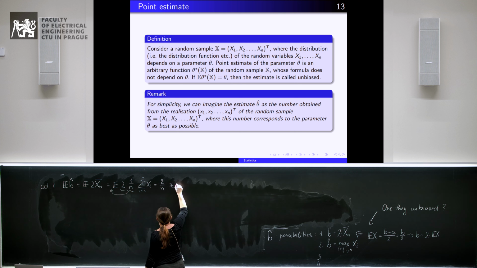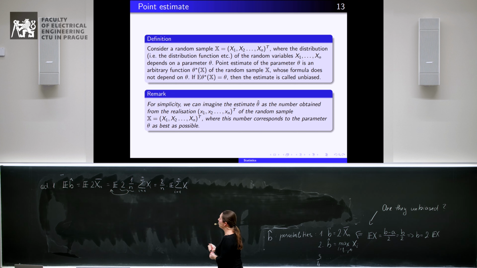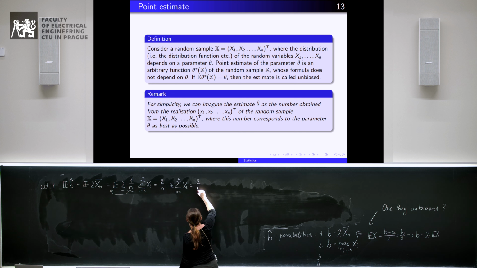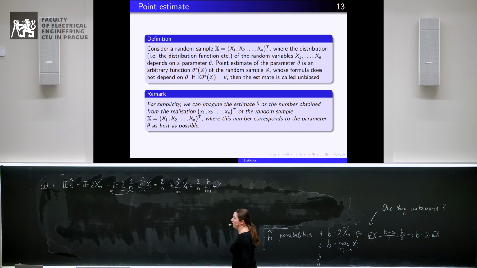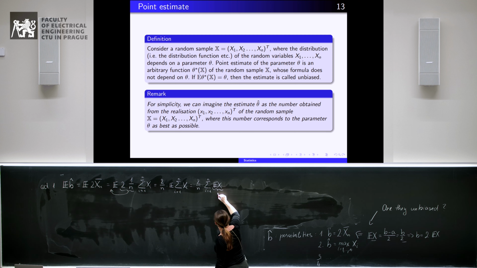And we have the expected value of the sum of the random variables xi, which is nothing other than 2 over n times the sum of the expected value of xi. And you can see here that the expected value is equal to b over 2.